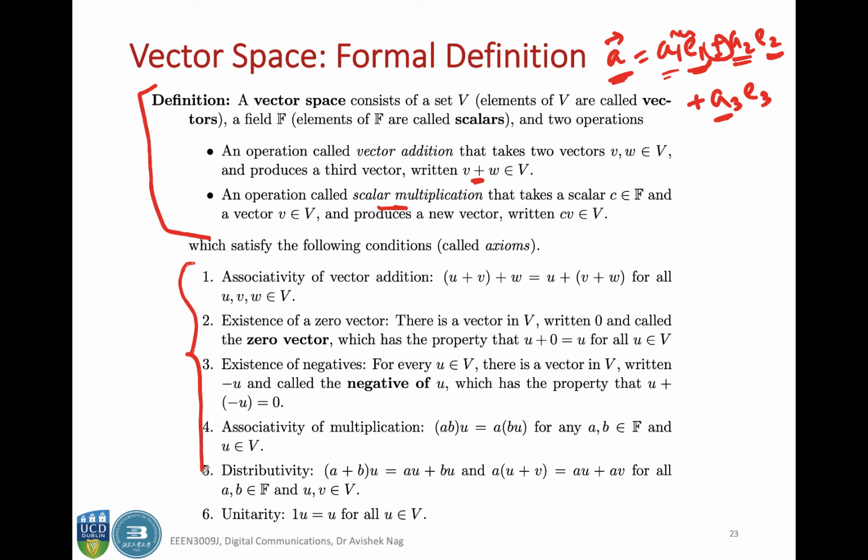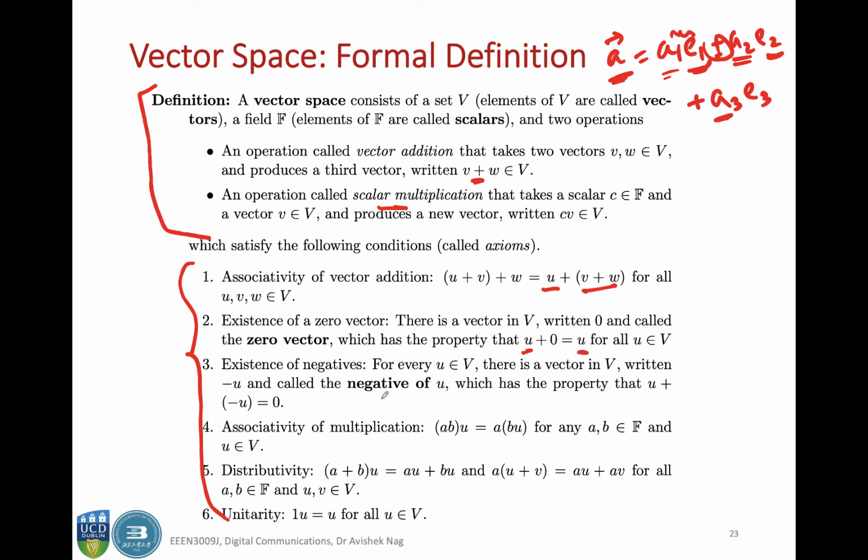These are also important. First, associativity of vector addition: you have two vectors u plus v added together, and then you add w. You can also write this as v plus w added first, and then u plus the result, for all u, v, w in V. There should be an existence of a zero vector, a vector in V written 0, which has the property that when added with any other vector u, it gives the same vector back.